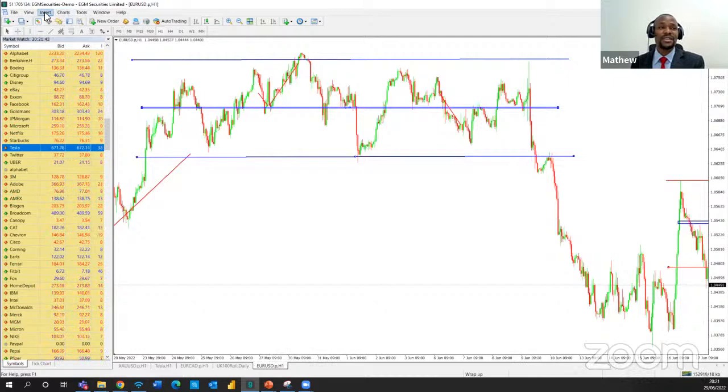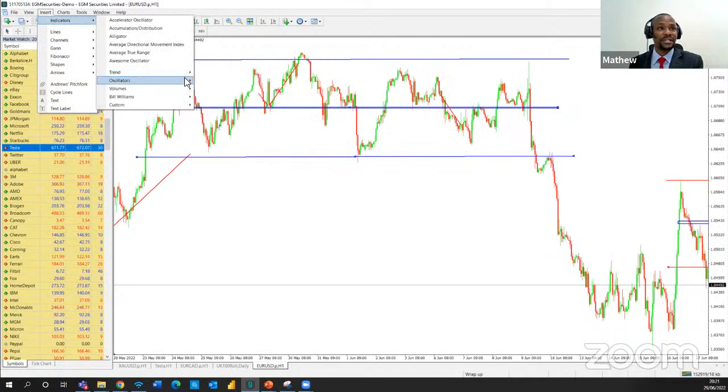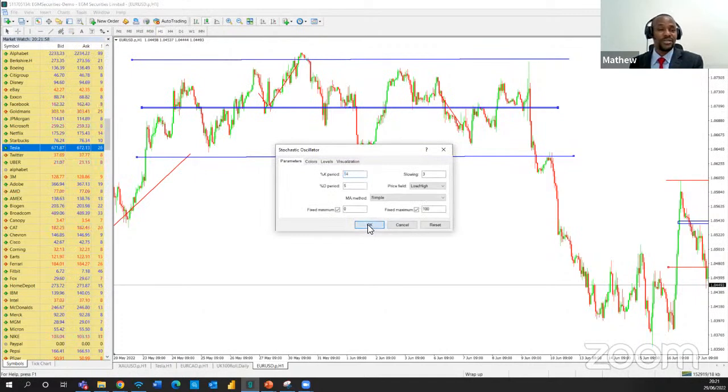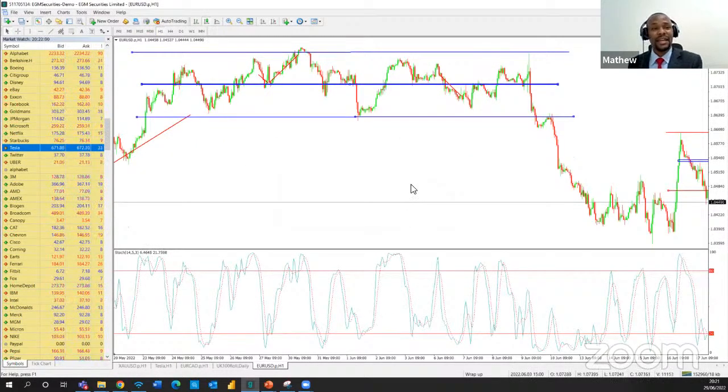Something else you can use to enhance or have very clear entries in the market is when you are using indicators like RSI or an oscillator. Let me use a stochastic oscillator. I like the stochastic oscillator. You add it that way, and it can help get clear entries or signals on likely reversals.